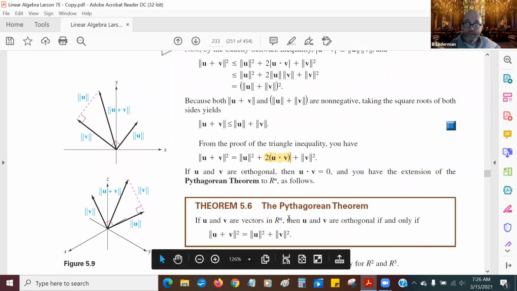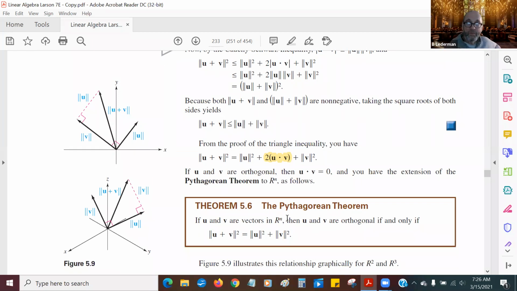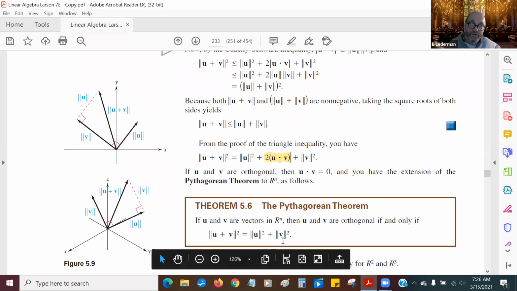Because remember, in R², we have u, v, and then u + v is like the third side of that triangle. Of course, in R⁵ or R²⁰, it doesn't necessarily have a physical triangle to it, but we see a vector version, or the book calls it an extension of the Pythagorean theorem into Rⁿ with vectors.